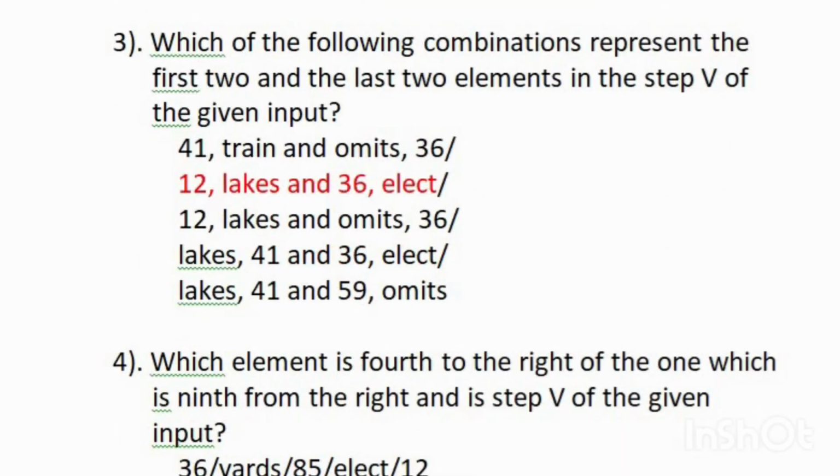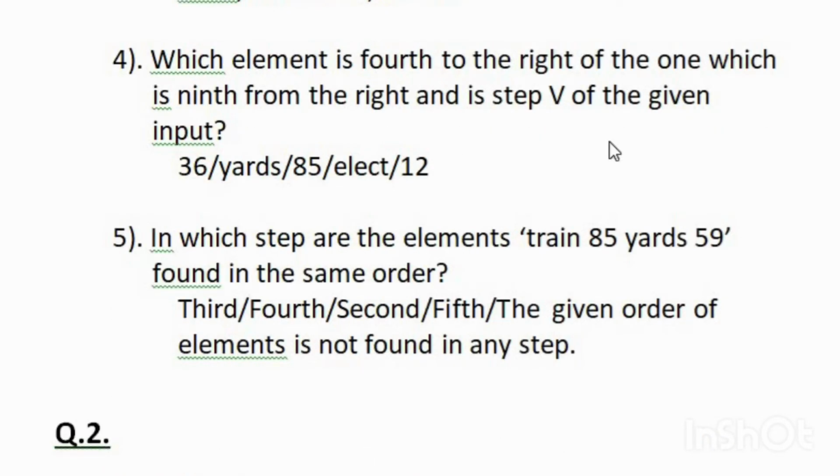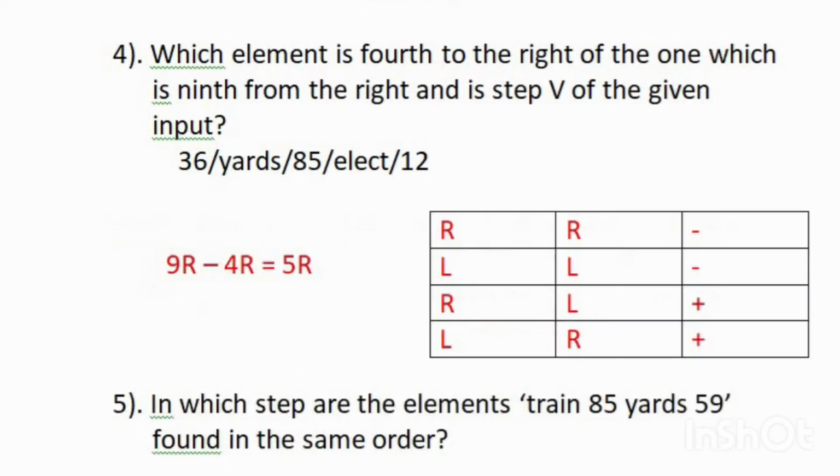Which element is fourth to the right of the one which is ninth from the right in step 5 of the given input? In this kind of question, it is written fourth right, ninth right. So when both are right, you have to do minus. I have given you this in my previous coding and decoding videos, and if you didn't watch it, please do check it out. When 2 right comes, you have to do minus.